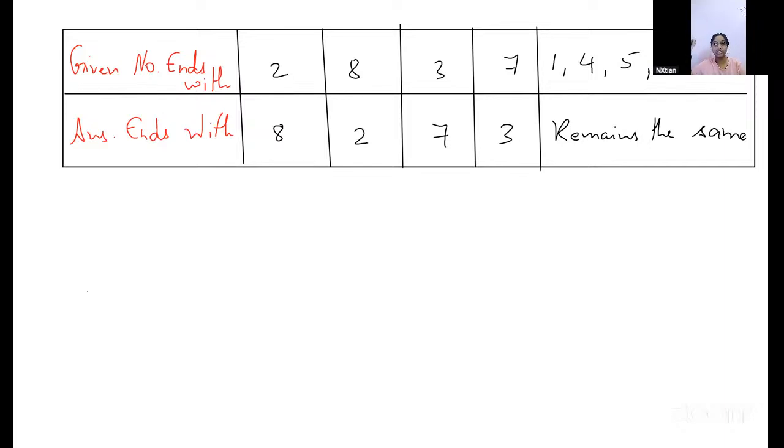Here also we check the unit digit. Now, if the unit digit is 2, then the last digit of the answer is going to be 8. If the unit digit is 8, then the last digit of the answer will be 2. If the unit digit is 3, the answer's last digit will be 7. If the unit digit is 7, then the answer's last digit will be 3.